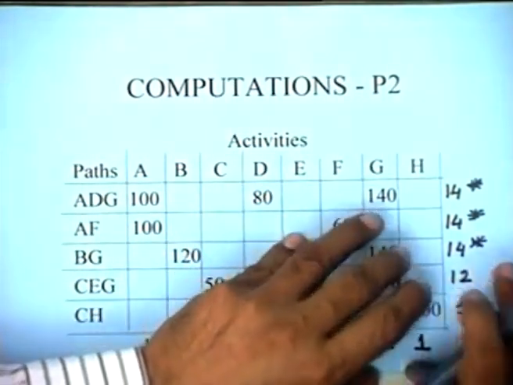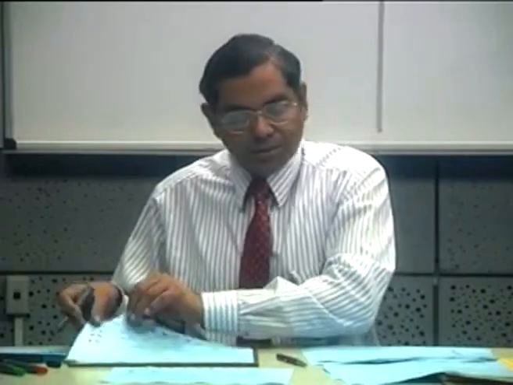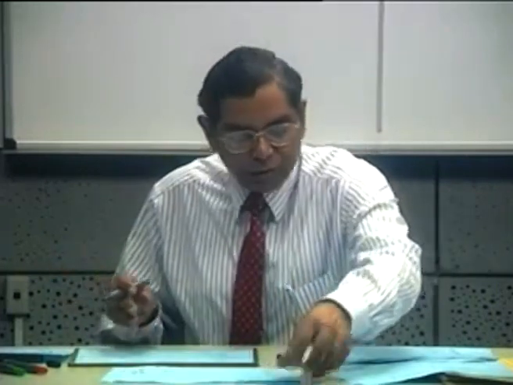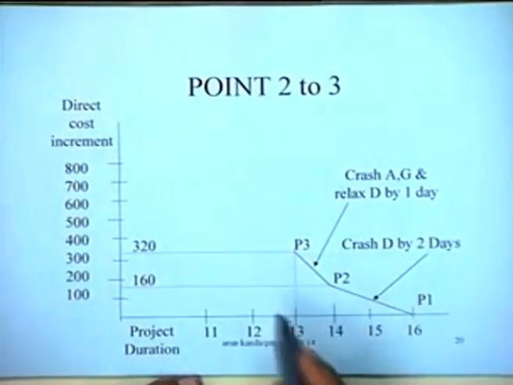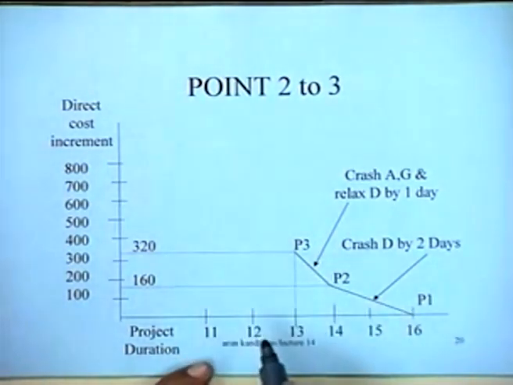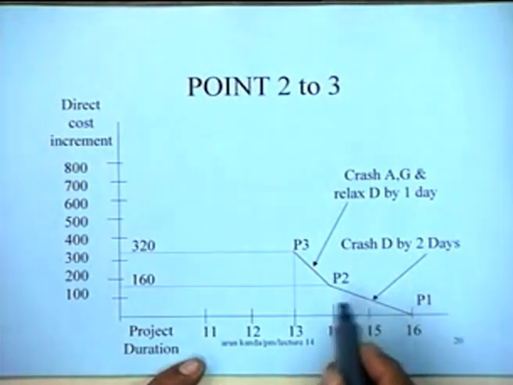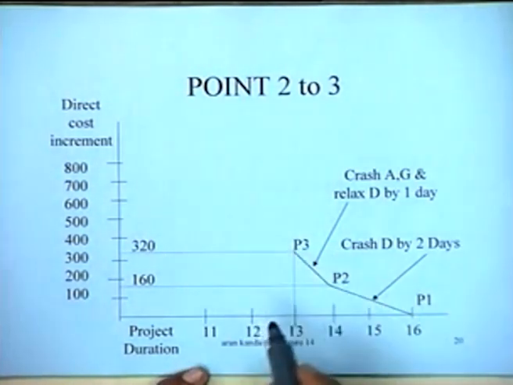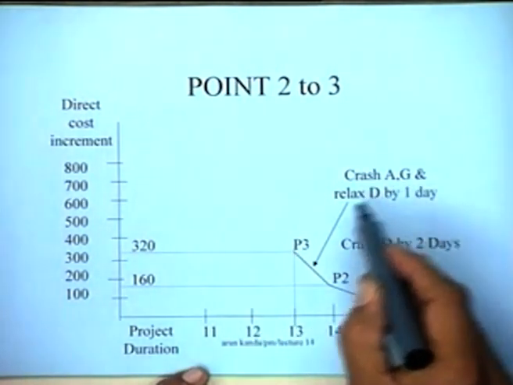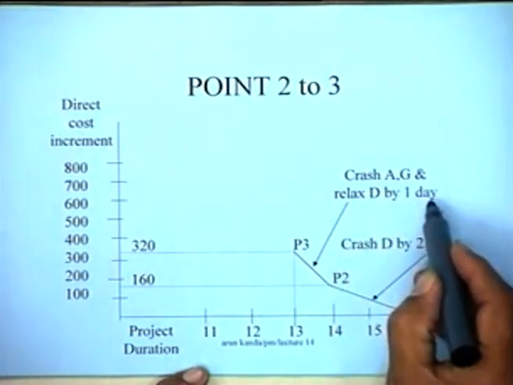We can, for instance, see now that in this particular situation, we would in fact be moving from point 2 to point 3 in the curve that we are generating. We had reached from P1 to P2 by crashing D by 2 days. Now from P2 to P3 we are moving by crashing A and G and relaxing D by 1 day.